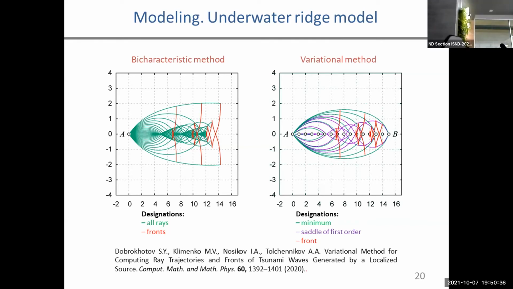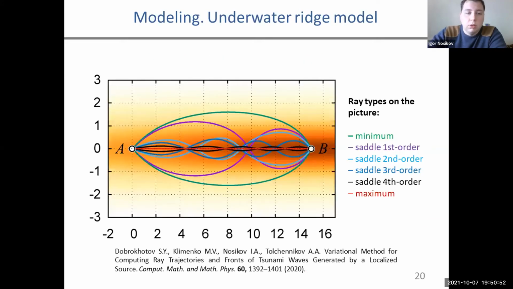The first ray, for example, which is considered a minimum, becomes at first a saddle point of first order, then a saddle point of second order, and higher. And here we apply our new techniques of finding higher-order saddle points. And here we can see that this procedure works fine. Using a variational approach, we can also reconstruct such situations.